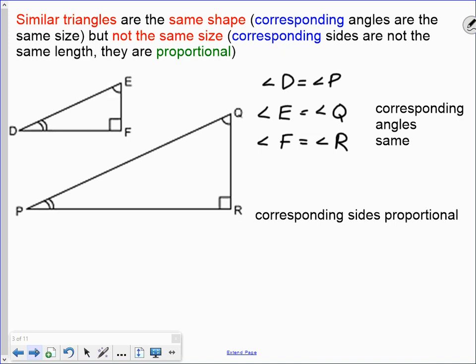Instead, in similar triangles, corresponding sides are proportional to each other. So what do we mean by corresponding sides are proportional? We mean that if we took the ratio of the length of side DE to the length of its corresponding side PQ, it would be the same as the ratio of the length of side DF and its corresponding side PR.